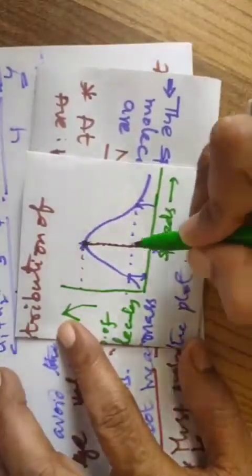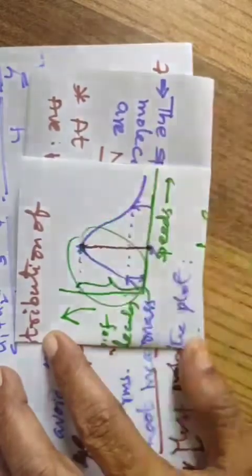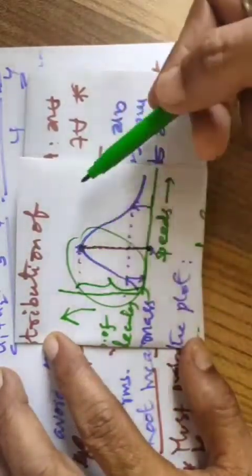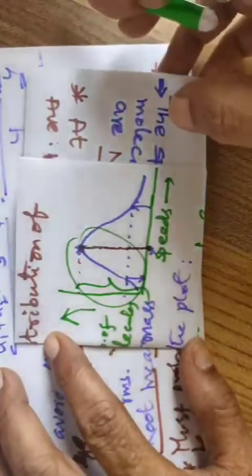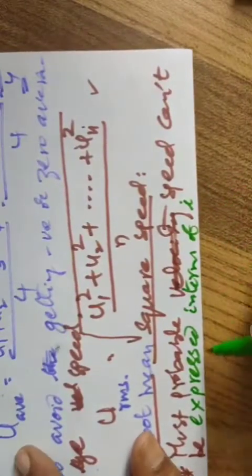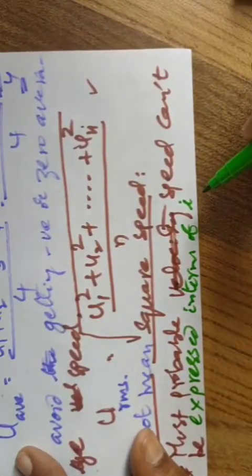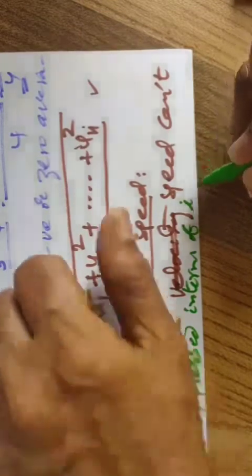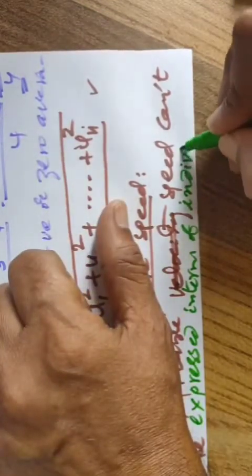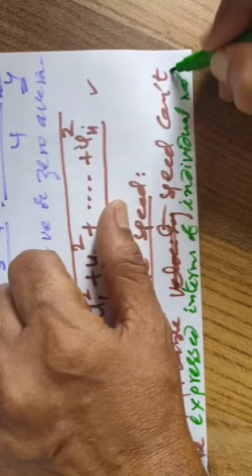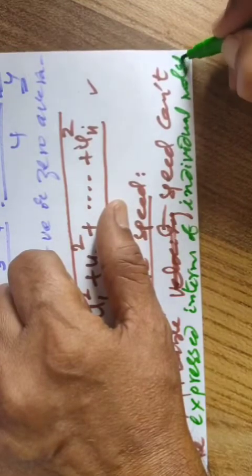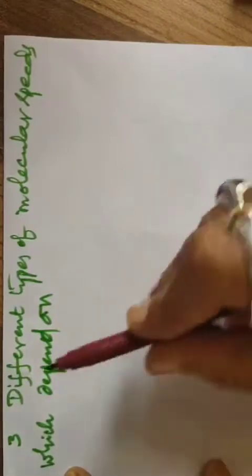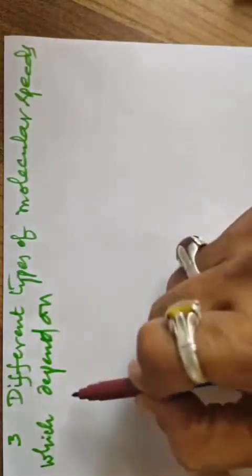Because this is the velocity possessed by the maximum number of molecules. So what speed do the maximum number of molecules possess? That is the most probable speed. That is not for individual molecules. These are three different types of molecular speeds which depend on absolute temperature.